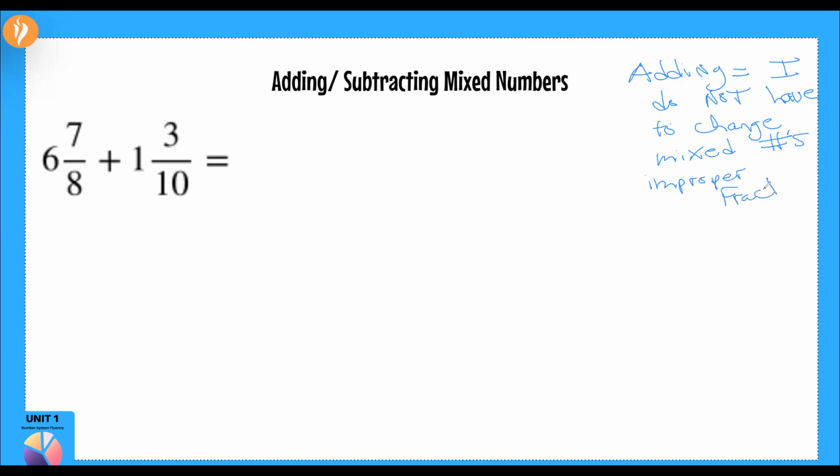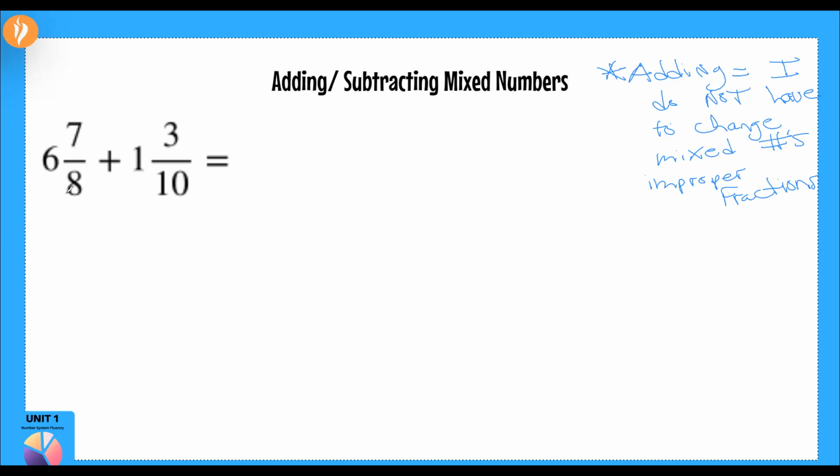Okay, so when you're adding, you do not have to change the mixed number into improper fractions, which makes it a little bit easier. With subtraction, most of the time you do have to change it to an improper fraction, but not always. So we'll look at an example of both.